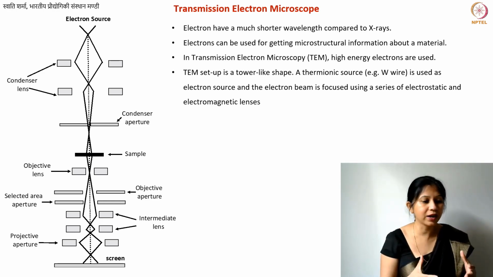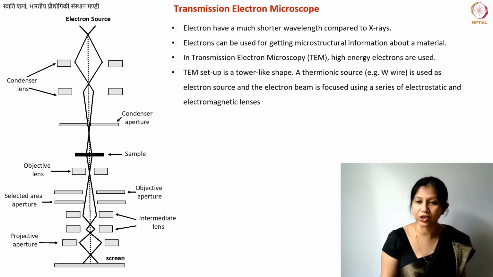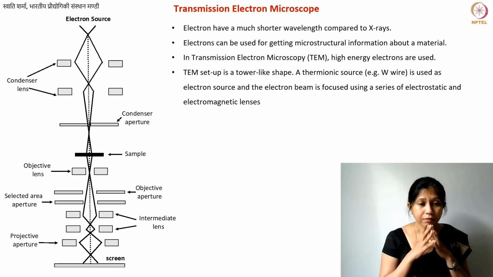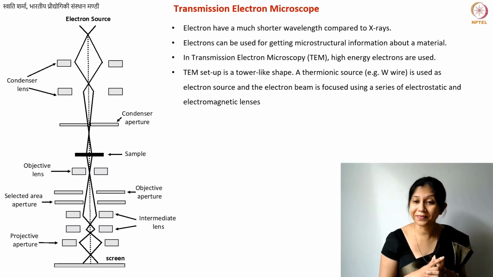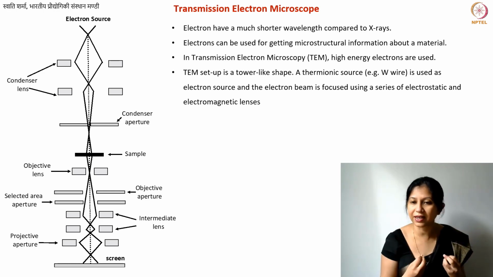If you see a transmission electron microscope in some lab, it looks like a tower, 6, 7 or more feet high. These towers contain various lenses, and these are not what you would think of as optical lenses. These are electrostatic and electromagnetic lenses, so these are specialized lenses.